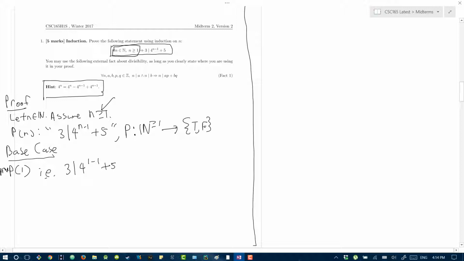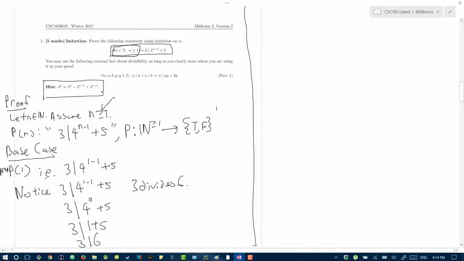And then we say, notice that 4^(1-1) + 5 is 4^0, which is 1 + 5, and this is what we want to show: 3 divides 6. Okay, that's good. So then we do the induction up here.